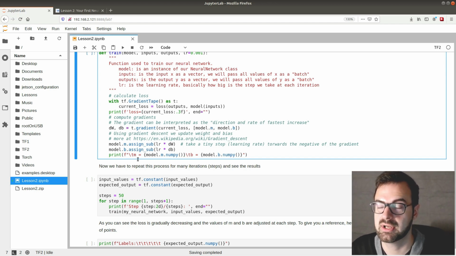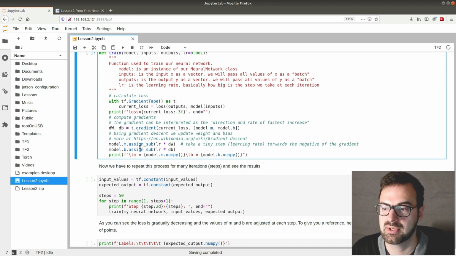And then using gradient descent, in this case really from scratch, we subtract, so we take a step. How big the step is depends on the learning rate, towards the negative of the gradient for the weight, so for m, and for b the same. And then we print again the new values of m and b of our model.